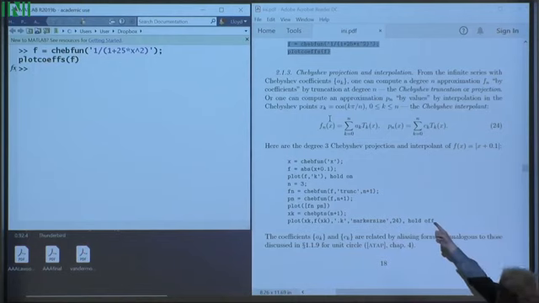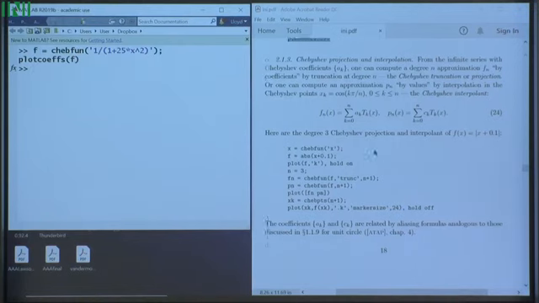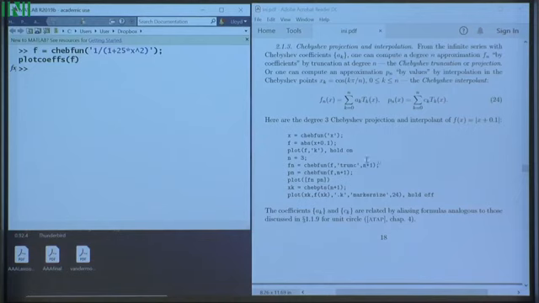If you represent them as a series of Chebyshev polynomials, you could say the coefficients are a sub k and c sub k. And the a sub k's, the Chebyshev coefficients, are related to the c sub k's, the interpolant coefficients, by aliasing formulas, which are well known. Here's an illustration in Chebfun of a particular function, which is the absolute value of x plus 0.1.